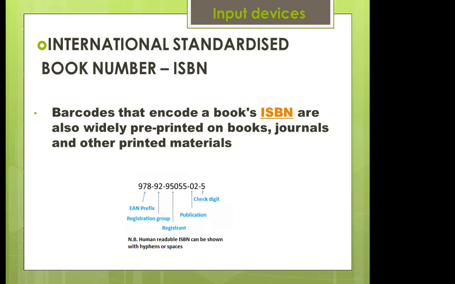If we come to that explanation, you can see in the middle 95055, that is the global registration of that book publishing company. And then on the left side and right side, there are two and two more details: EAN prefix, registration group, publication, check digit. These are some technical terms. We can briefly summarize it as collectively showing a book, where it was printed, which company printed it, in which region it was sent to sale, and how many books were sent in this region.